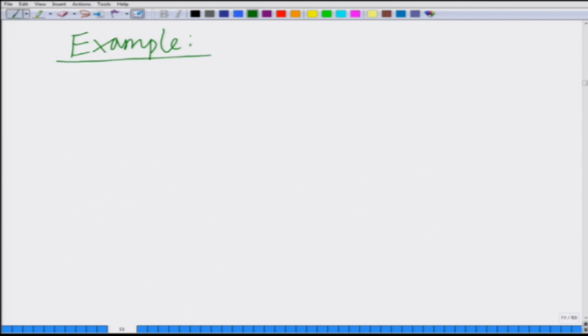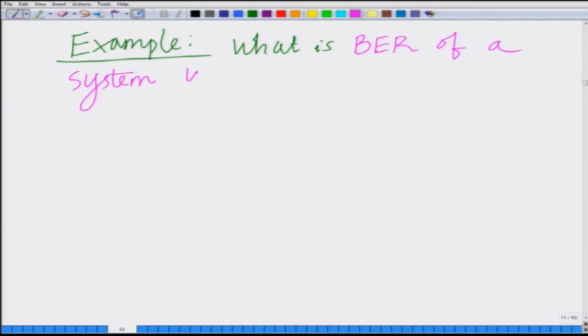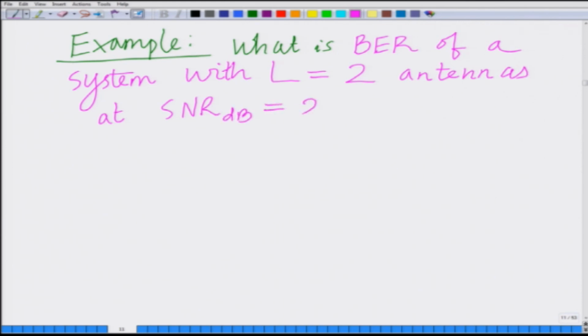That is, what is the bit error rate of a system with L equals 2 antennas at an SNR of 20 dB?